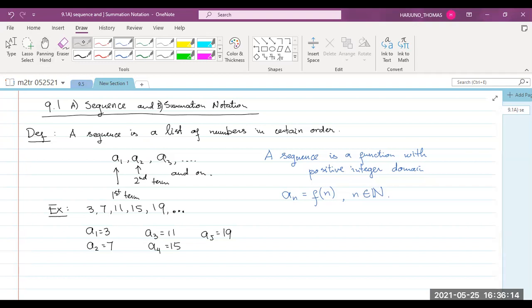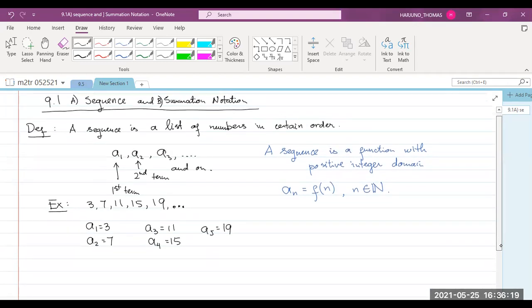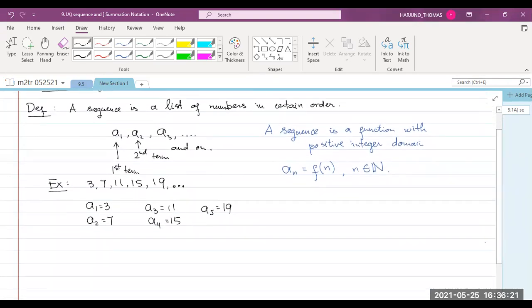Okay, now that's because one of the methods to write a sequence is by using a function or formula. There are 3 methods to express a sequence. The first one, the one we have above, is by listing.